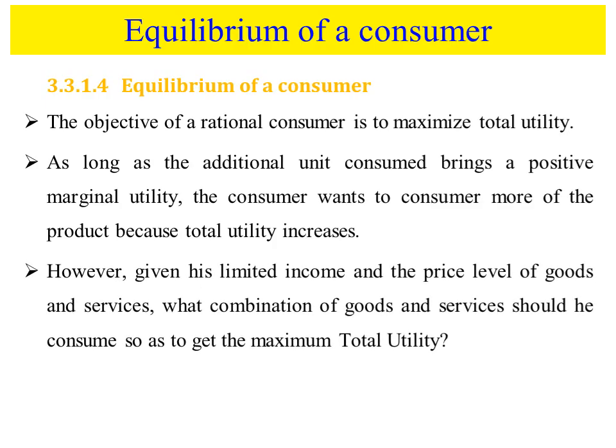However, given his limited income and the price levels of goods and services, what combination of goods and services should he or she consume so as to get maximum total utility?